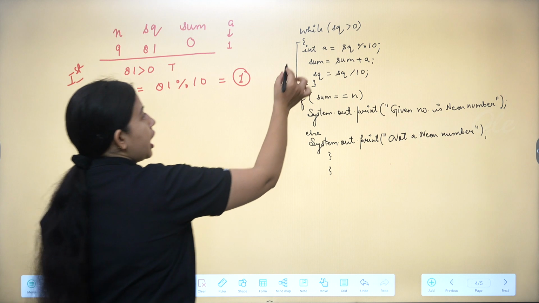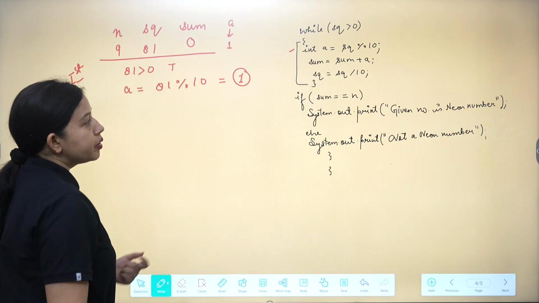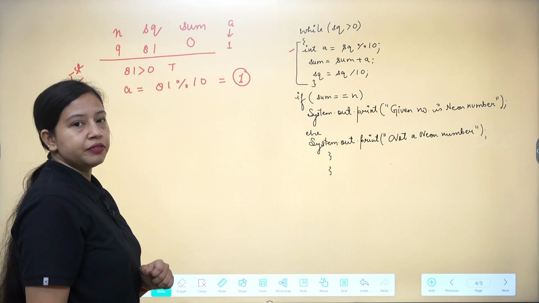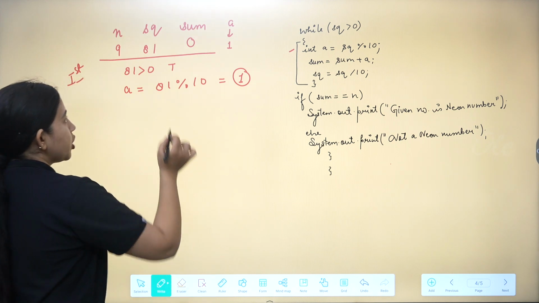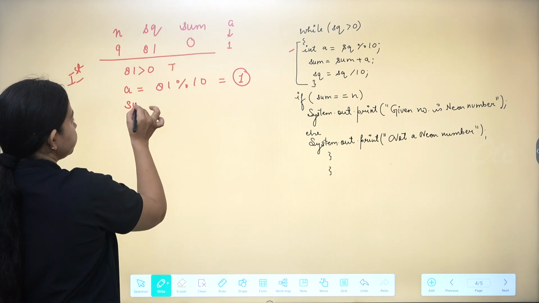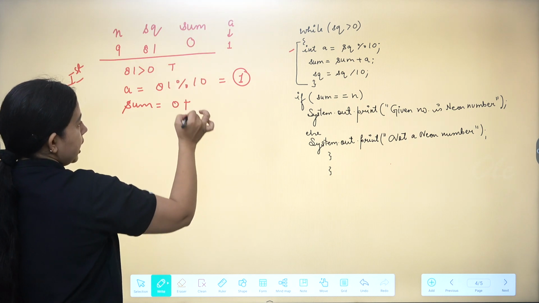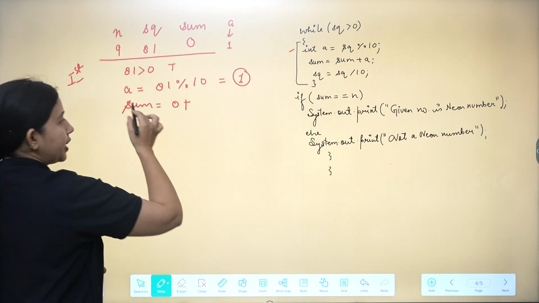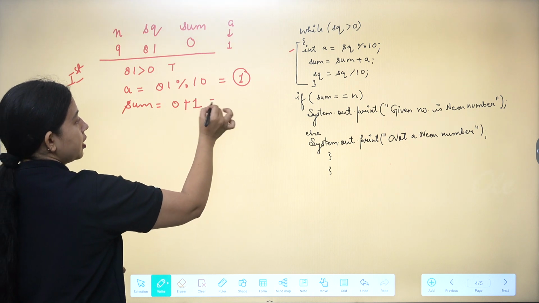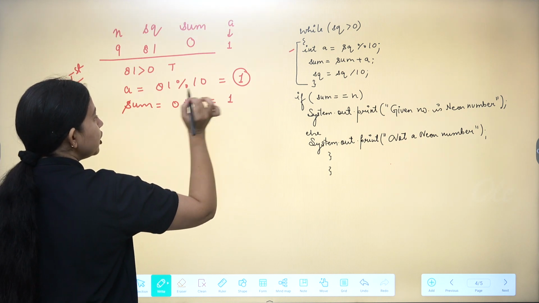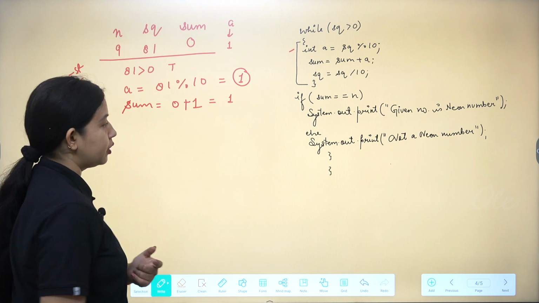Now after this step, we move to the next one, where sum equals sum plus a. What is the previous value of sum? That is 0, and you need to add the value of a, which is 1. So the updated value of sum will be 1.